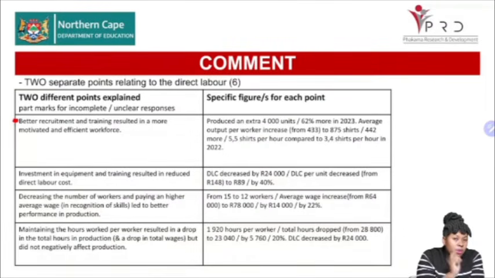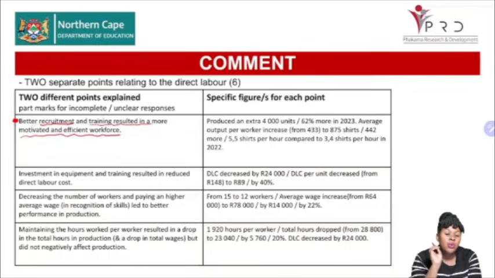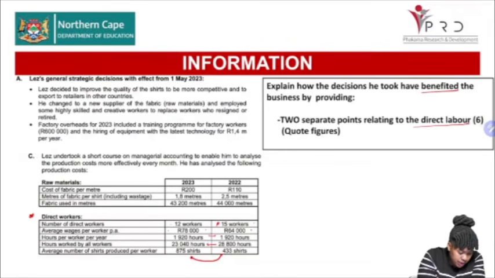Les made a decision to hire better. Recruitment and training resulted in a more motivated and efficient workforce. Remember, the owner decided to replace the workers who had resigned or retired with highly skilled and creative workers.